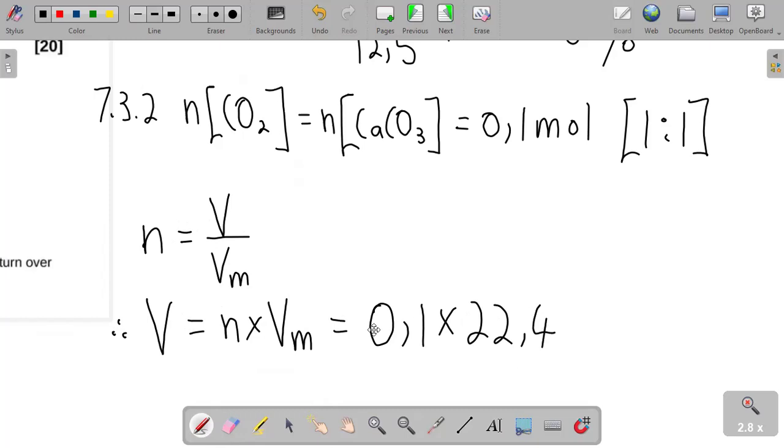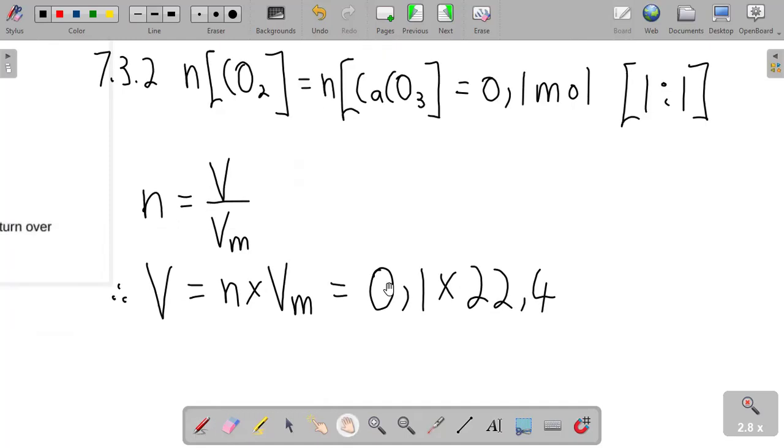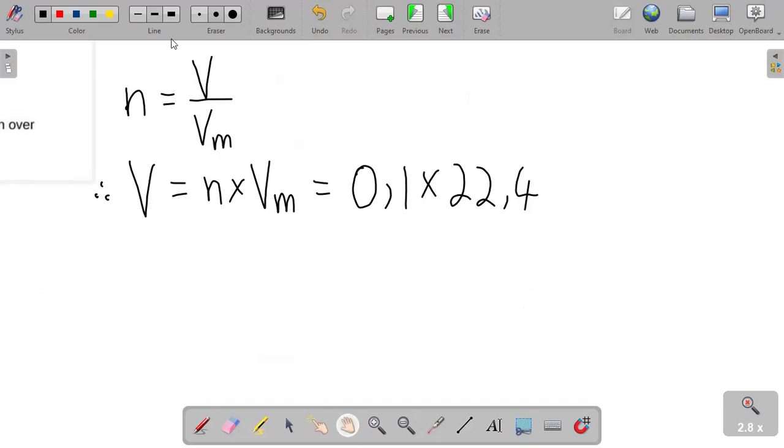You see? So you should know where you are going when you're doing calculations. You should know that, okay, in order to find this value, we must find something else before and then use that something else that we found before to calculate what is being asked for. Okay. A lot of these kind of questions will be asked.